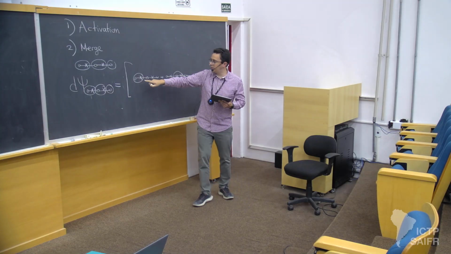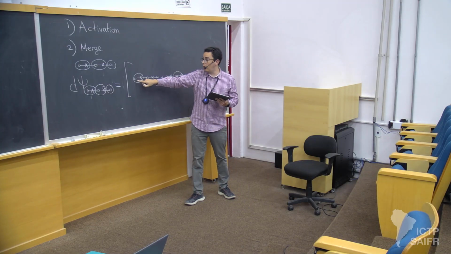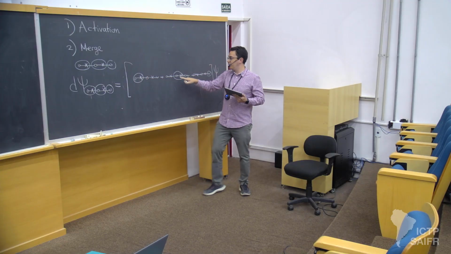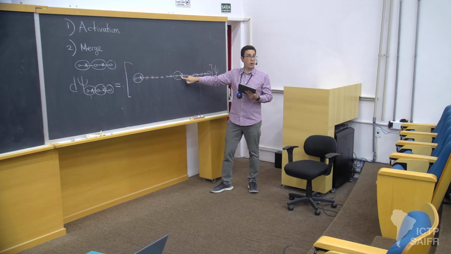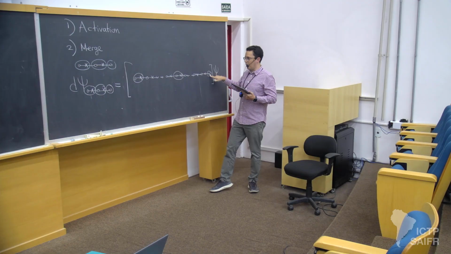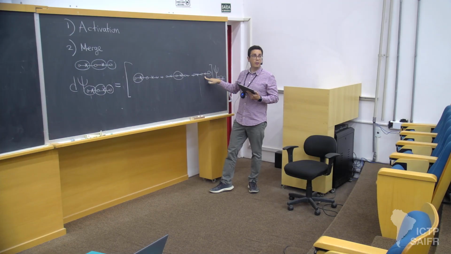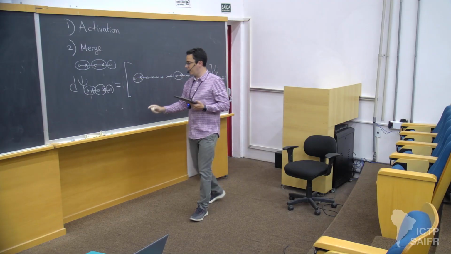So what is this? It's 1 over d log of x1 minus y12. This is d log of x2 plus y12 minus y23. And this is d log of x3 plus y23. So it produces 3 denominators.